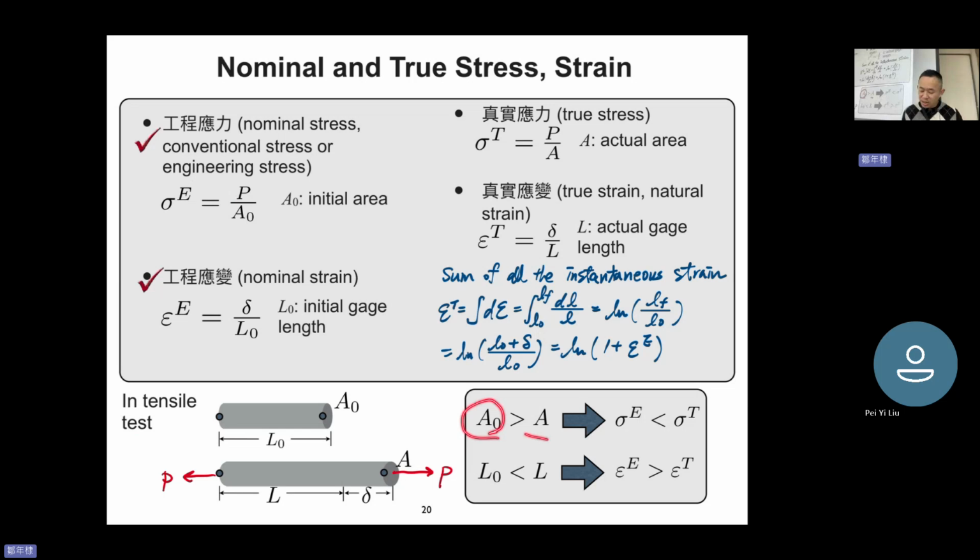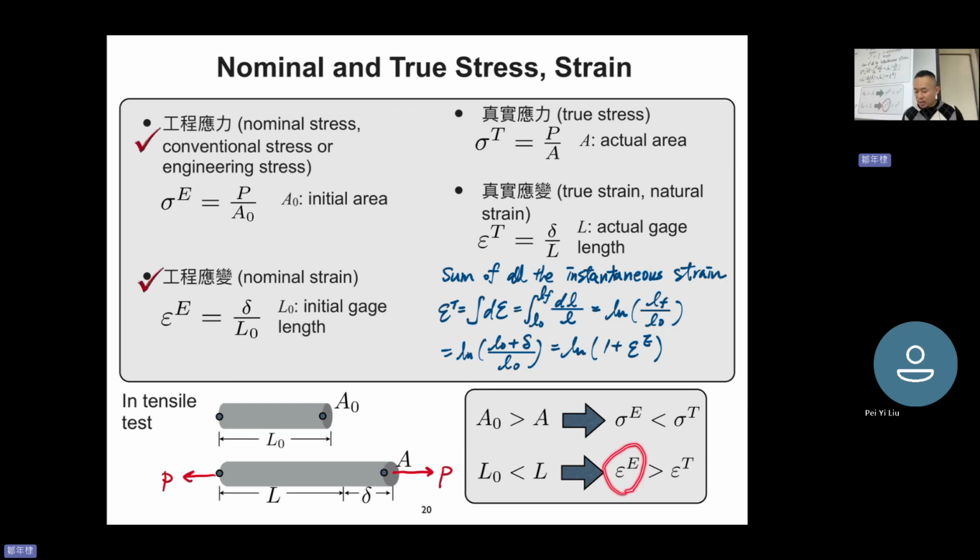So A0 is greater than A. So A is smaller, A0 is bigger. So sigma T is greater than sigma E because A0 is bigger.